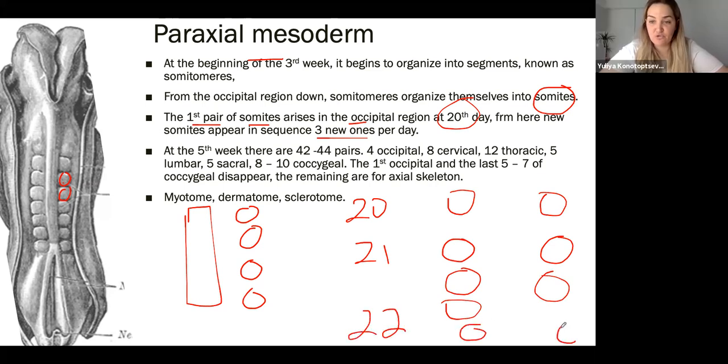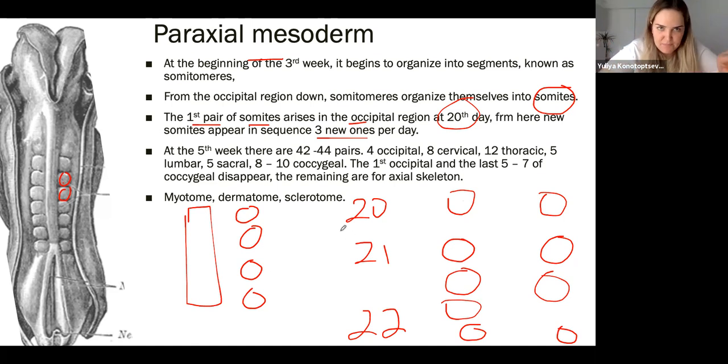I can't draw it, but you can imagine that there are 3 more there. So count 3 plus 3 plus 1 is 7 pairs. On day 22, you're going to have 7 pairs. On day 23, you're going to have 10 pairs, because 7 plus 3. Every day you add 3 more pairs.